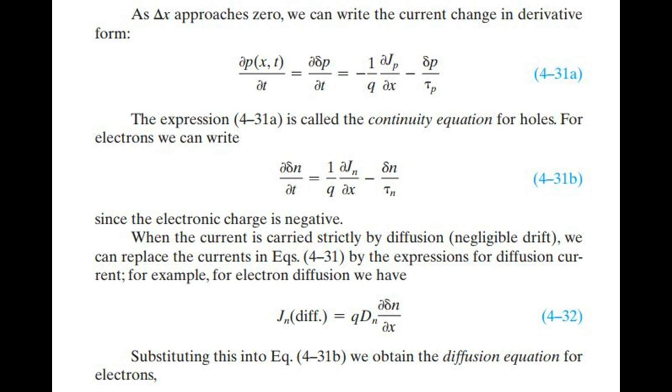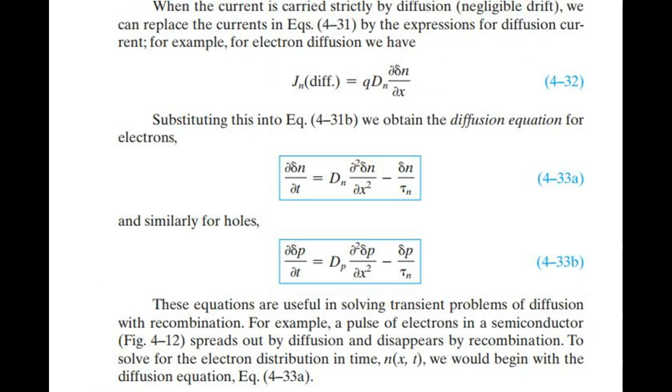For example, for electron diffusion we have the diffusion current expression. Substituting this into Eq. 4-31b, we obtain the diffusion equation for electrons, and similarly for holes. These equations are useful in solving transient problems of diffusion with recombination.